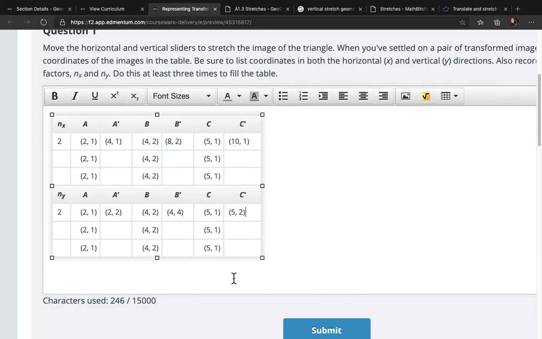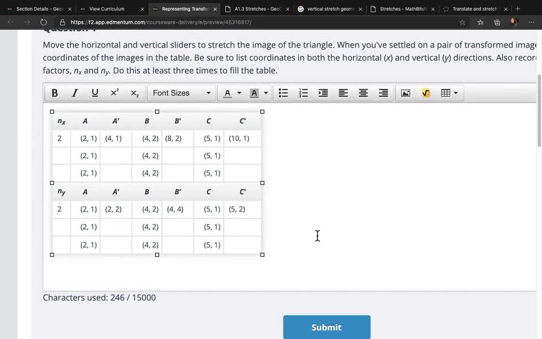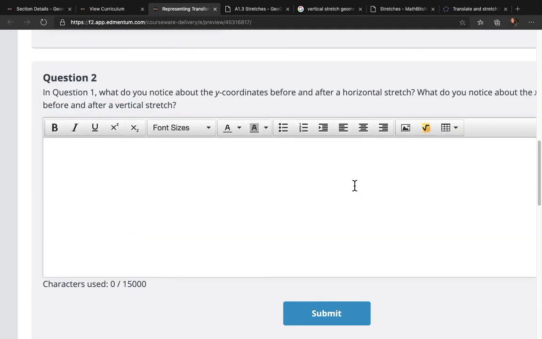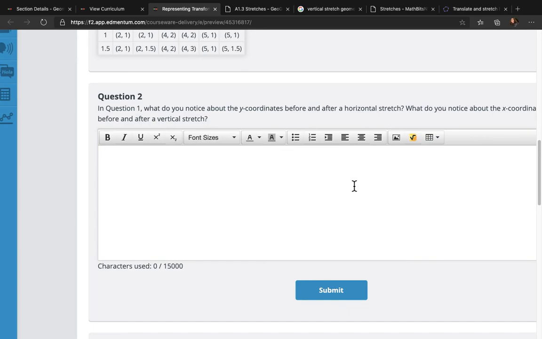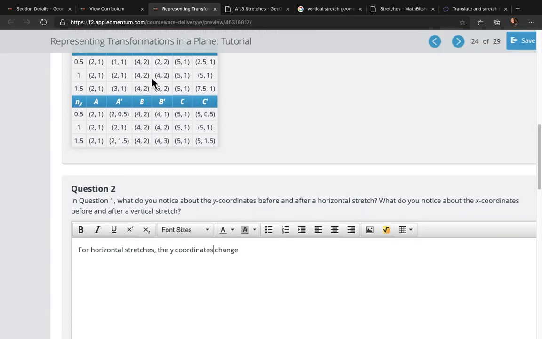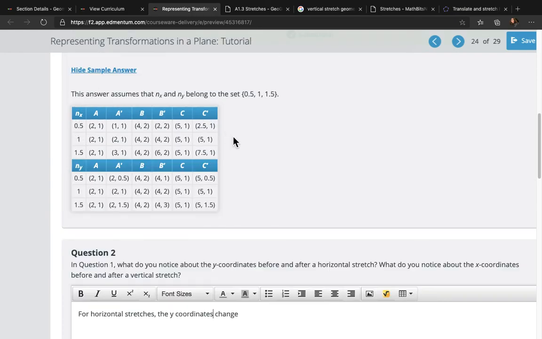Again, you're going to choose 2 other different n values for your vertical stretches. You want to hit submit so that it saves. Now, if you look at question 2, it says, what do you notice about the y coordinates before and after a horizontal stretch? Remember, our x value was our horizontal stretch.